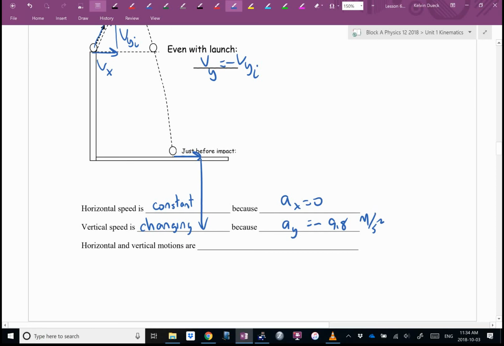The biggest mistake that you can make is to put a horizontal value into a vertical value or put a vertical value into a horizontal value. And I'll tell you the most common one. Kids want to put that 9.8 into an x equation because the fact that the acceleration is 0 creeps them out. They want there should be an acceleration, not horizontally. The horizontal is actually much easier because of that.